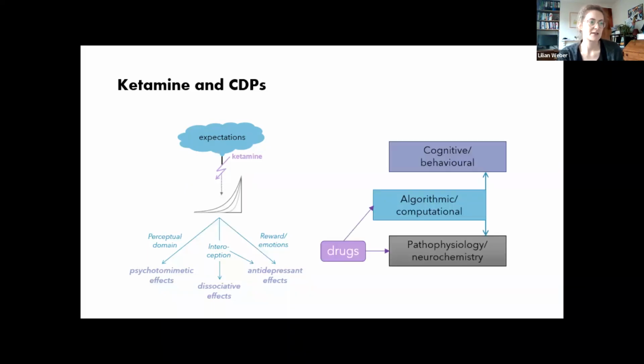And again, this is all an attempt to provide the missing link here and not look at the molecular effects of the drug, but rather look at the effects of the drug on certain algorithmic motifs and see whether these are similar across the different domains that the drug affects.